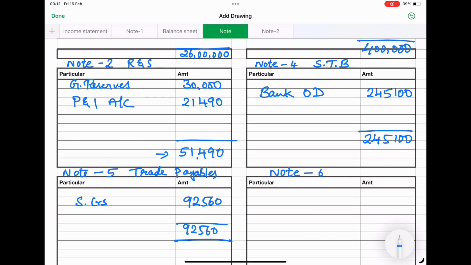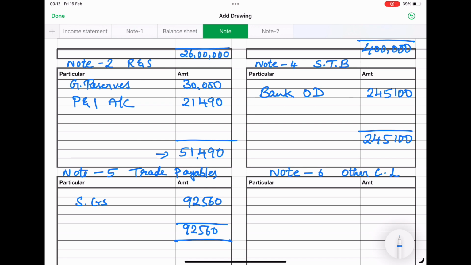Okay, for note 6 we have other current liabilities, those liabilities which are not identified in the above particular notes. Those items will be categorized as other current liabilities. Do we have any other current liabilities? We'll cross verify with these things.